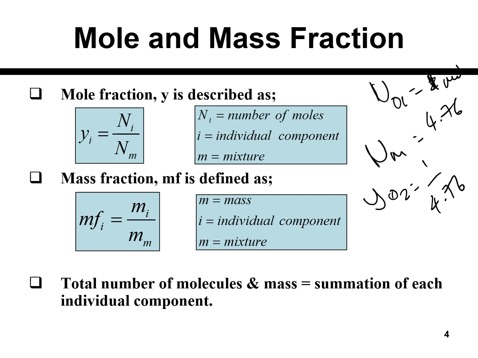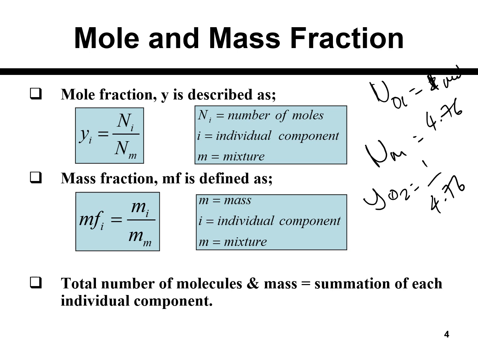which gives you about 21%. We can also calculate the mass fractions, which is the ratio between the mass of the individual component and the mass of the mixture. The total number of moles and mass is the summation of each individual component.